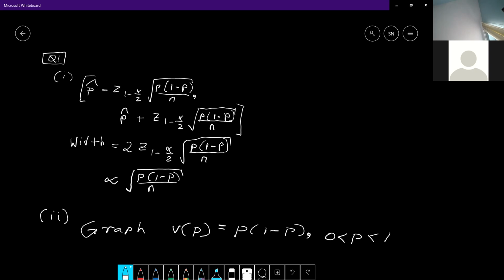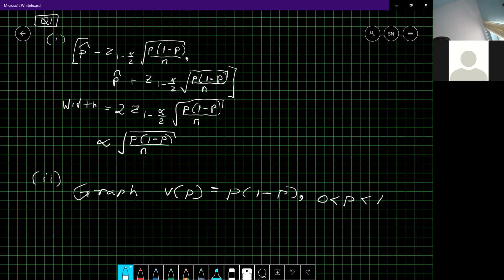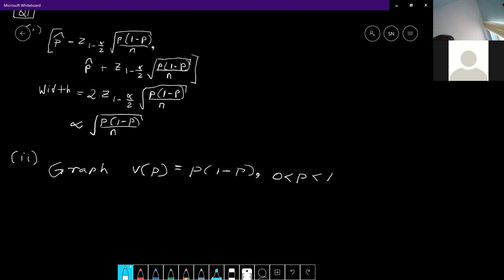I'm sure you've done this in your first semester calculus course. You must know how to graph functions, right? So to graph a function, you need to take a derivative first. All right. So let's take the derivative. The derivative of this is going to be 1 minus 2p, which is 0 if p is equal to half.